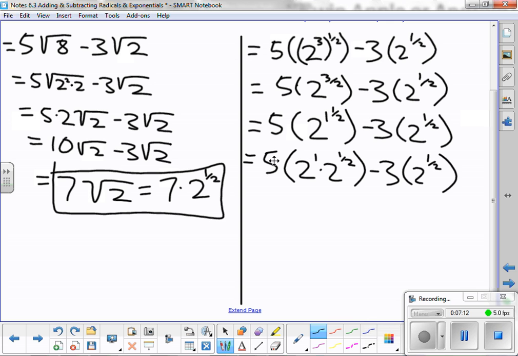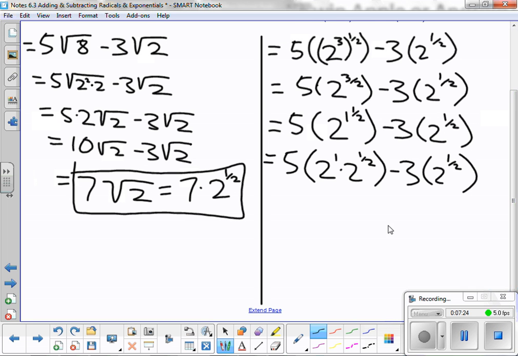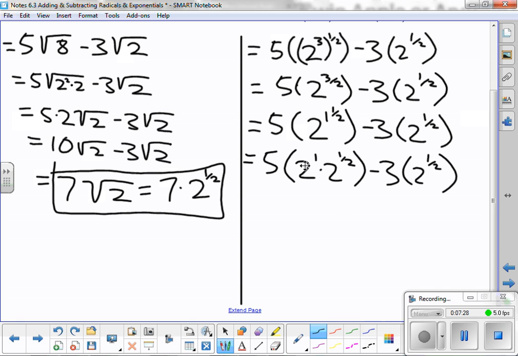Since all of these are being multiplied, it's 5 times 2 to the 1st times 2 to the 1/2. I don't need these parentheses on here because it's multiplication, so I don't really need that order of operations. So I can take this 2 out, just like how I took a 2 out over here. That's the same process here. The 2 comes out.